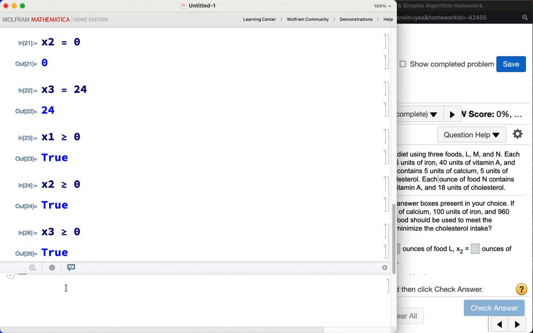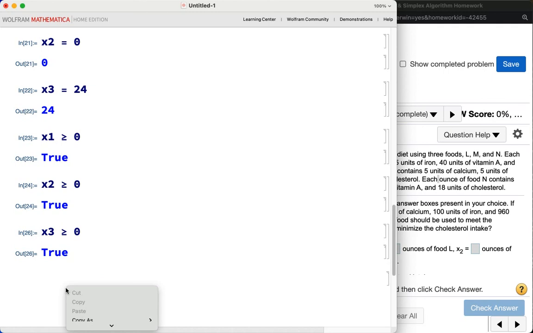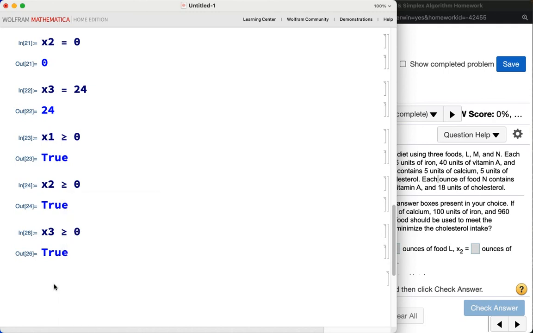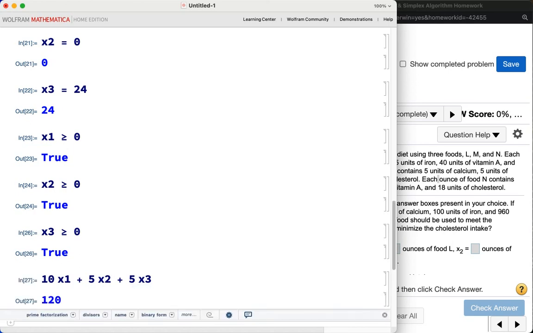That's easy to see. Look at the calcium restriction: 10 times x1 plus 5 times x2 plus 5 times x3 is greater than or equal to 150.